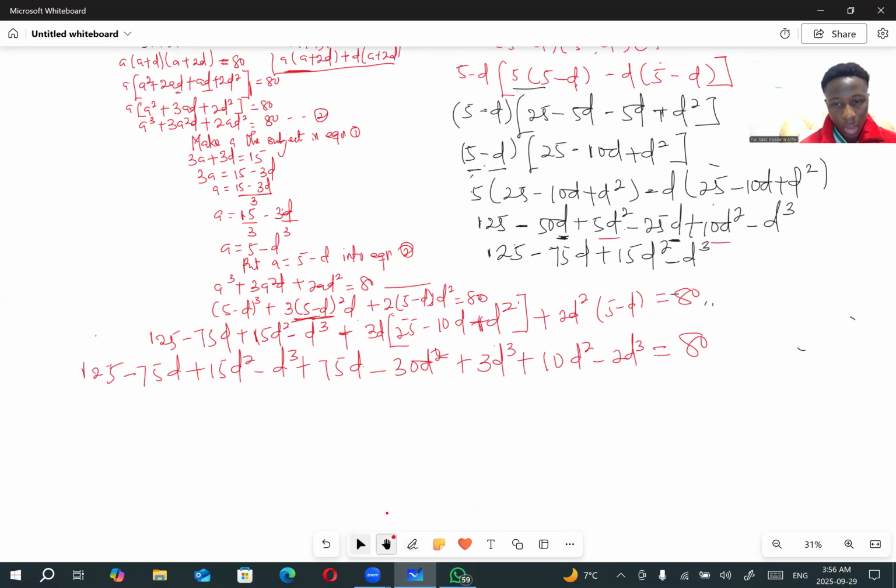Then now at this point I come to solve the like terms. I'll use different inks for you to see. So let's start with the d cubed first, right? This is a d cubed. This is also a d cubed. This is also a d cubed. Done. So let's solve them. You deal with the numbers.